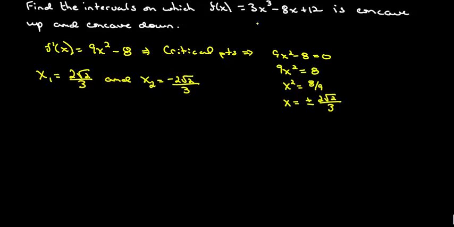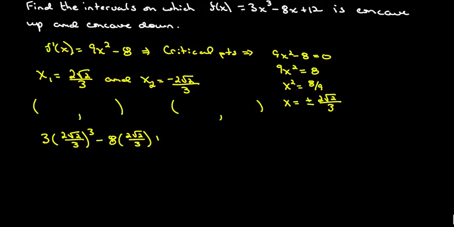So now let's go ahead and take these guys and plug them into the original function and figure out what their y values are so we can get some ordered pairs here. So I want one ordered pair, and then I want another ordered pair. So the original function is 3 times the x value, 2 square roots of 2 over 3 cubed, minus 8 times 2 square roots of 2 over 3, plus 12.